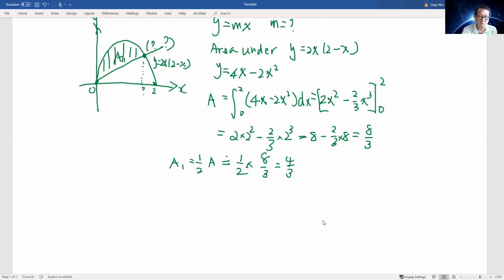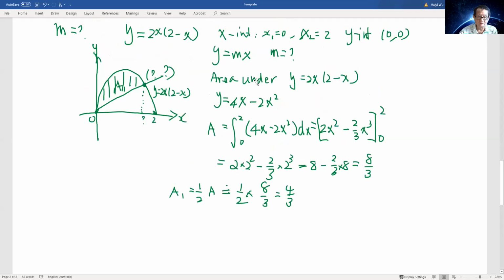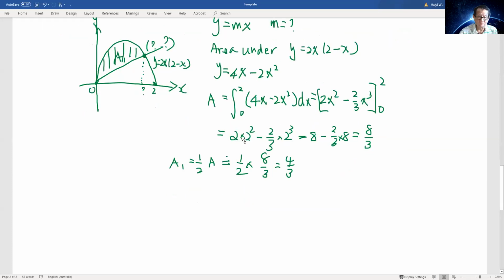So what do we know? What's the x? We know the x is determined by the simultaneous equation. In order to find that intersection point, we need to combine the two equations together.